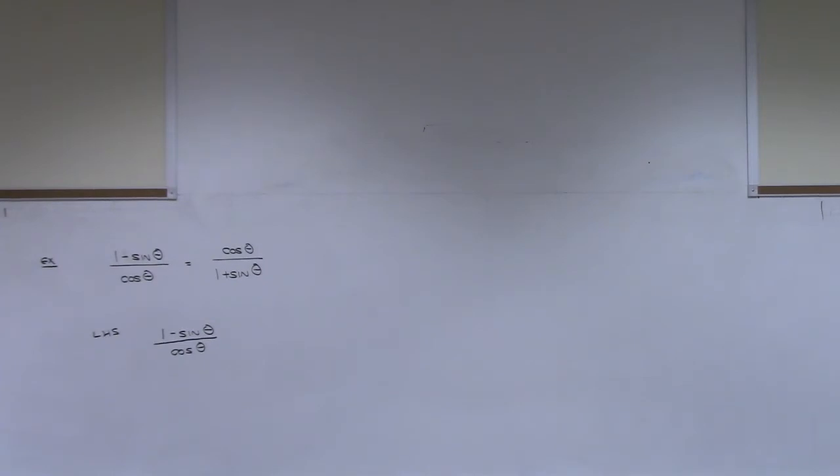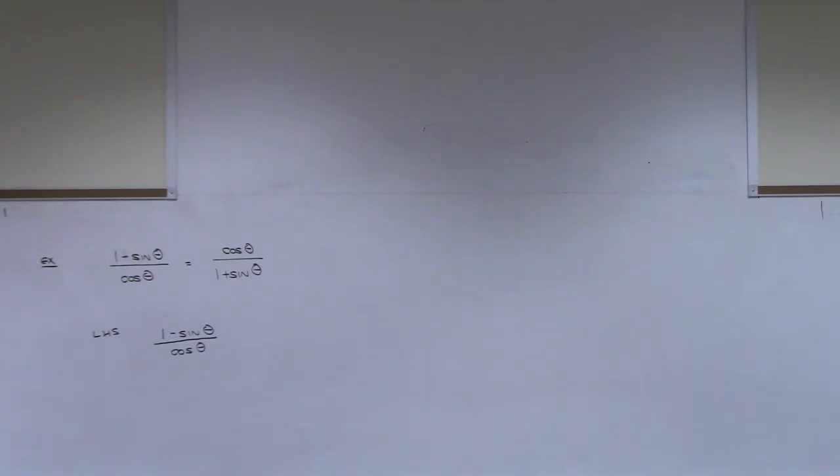I could force 1 plus sine theta on the bottom, but I would have to do the same thing on the top. So I could multiply top and bottom by cosine right now, or I can multiply top and bottom by 1 plus sine theta. I could do both of them. So I just gave you two legitimate moves.